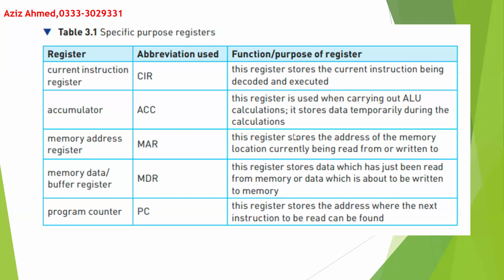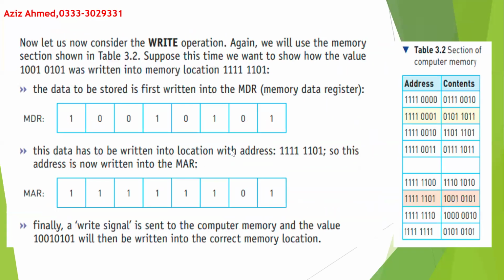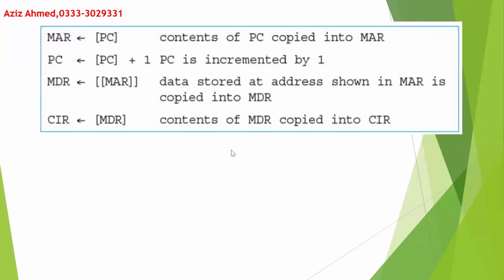Okay. These are the descriptions given for each register. Wait, I'll show you something else. Now see the sequence. First, see this one. The PC basically holds the address of the next instruction. The content of the PC is copied into the MAR. That is the first step. So obviously, when the processor finishes the first instruction, it will search for the second instruction.